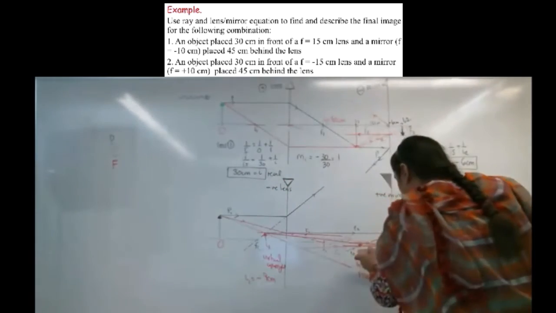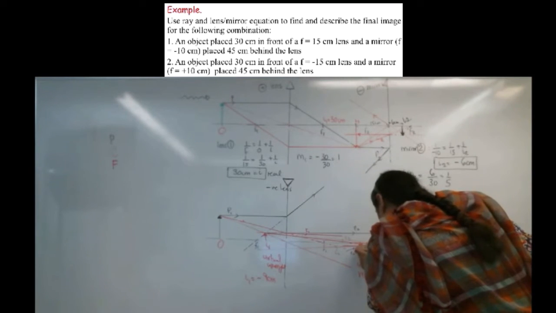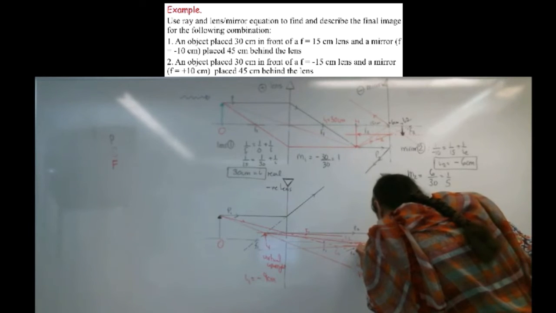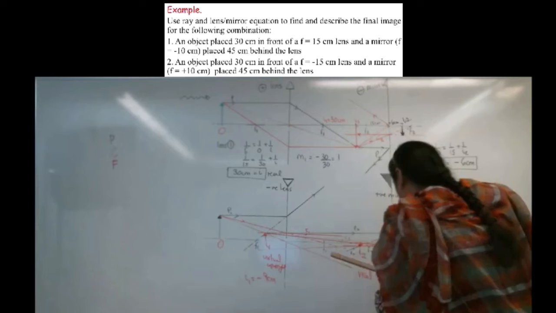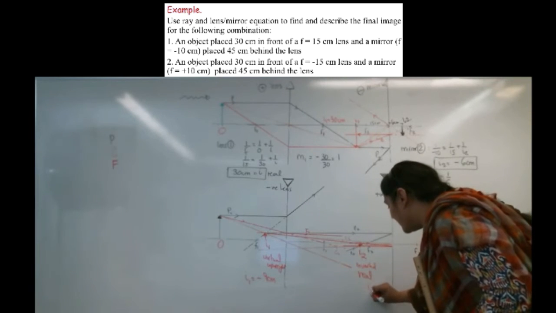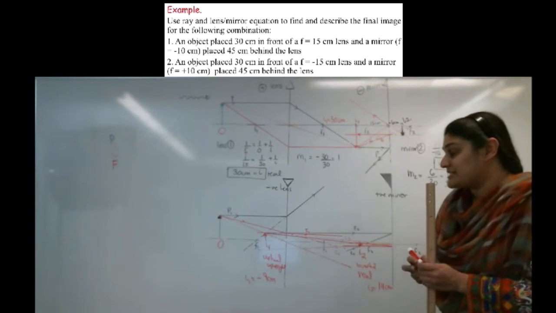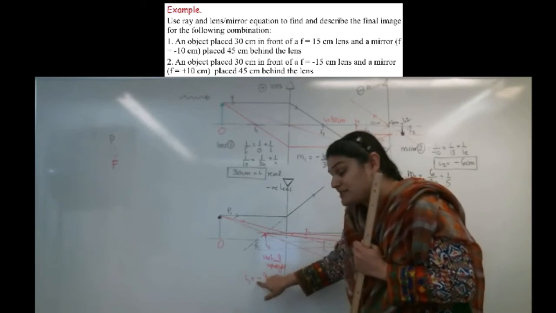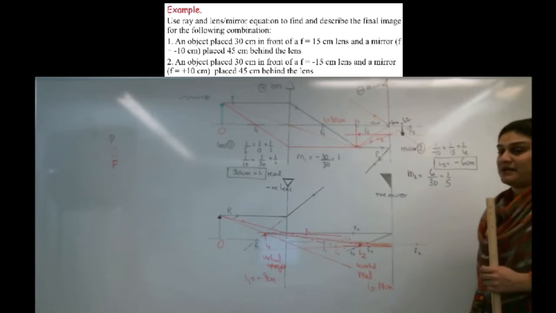And I2, if I've done this correctly, I calculate it to be about 14 centimeters. So I1 is a virtual image, that's why it's going to get a minus sign. I2 is a real image, that's why it's not going to have a minus sign.